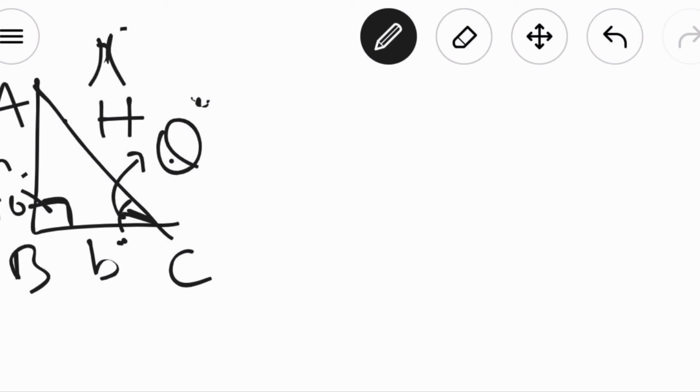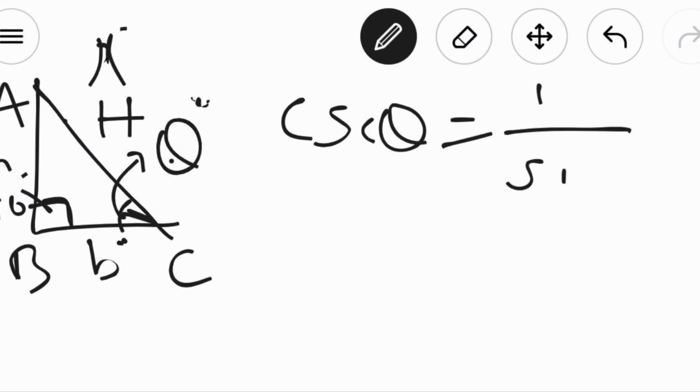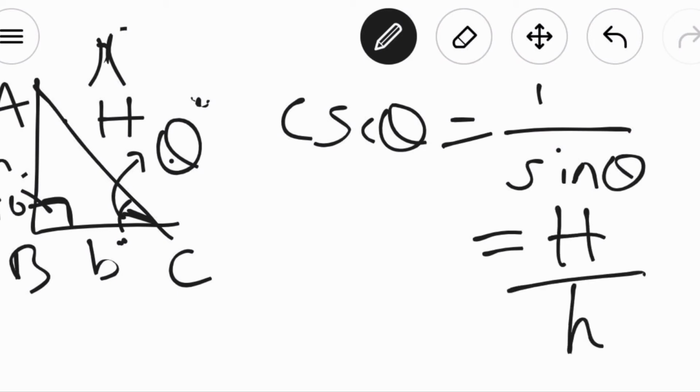The first one is cosecant theta, or csc theta, which is 1 over sine theta, and it's the exact reverse of sine. What did we get for sine theta? We got small h over capital H, so 1 over sine theta is going to be capital H over small h.